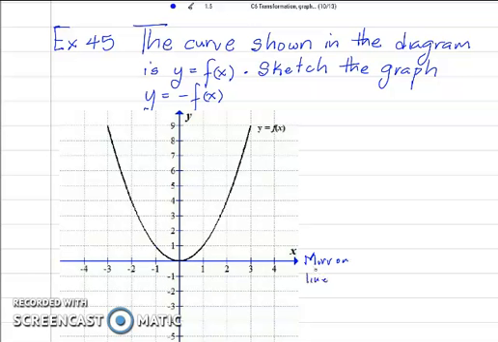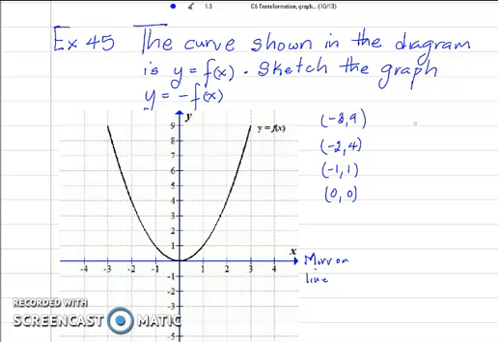Now, one way to do this is to obtain some points or some coordinates on y is equal to f of x. So coordinates I'm seeing are like (minus 3, 9), (minus 2, 4), (minus 1, 1), (0, 0). These are just some points I'm seeing on y is equal to f of x.